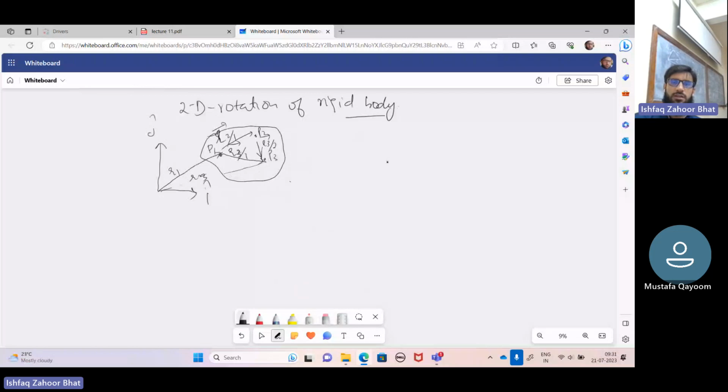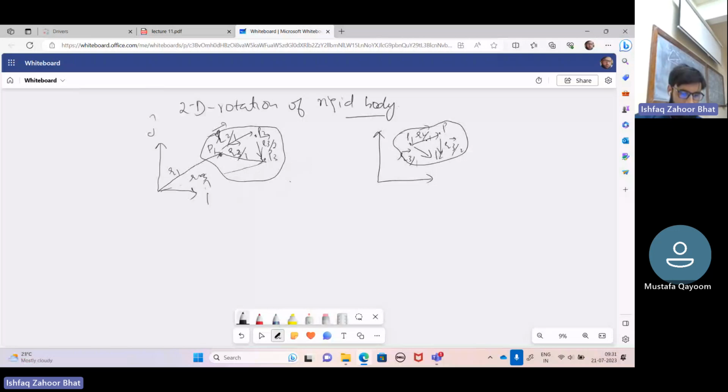So let me redraw this picture. We have P1, P2, and P3. This is R21, this is R32, and this is R31. These are relative position vectors, and these are absolute position vectors.